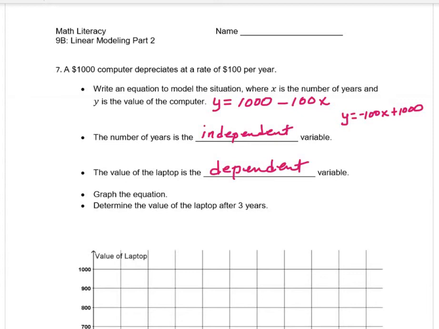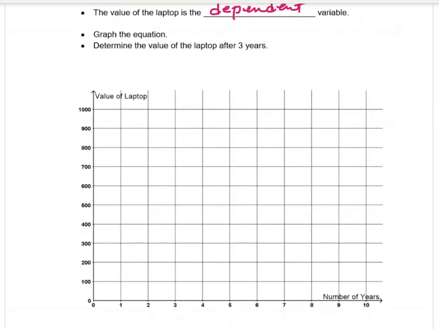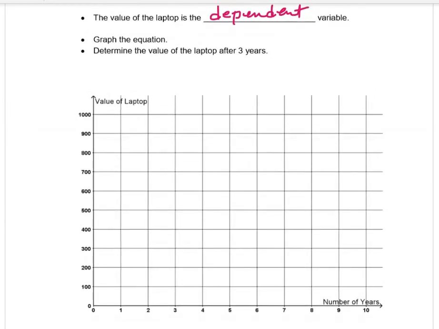All right, the next part here is to graph the equation. And there's a couple of different ways that I can go about doing this. I can make a table of values and plot it, or I can plot this by using slope is rise over run. I know that the initial value of the computer is 1,000.